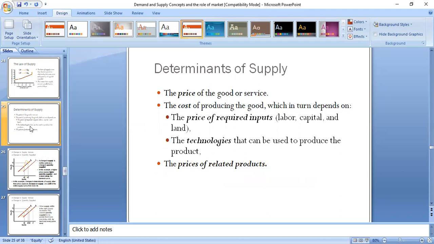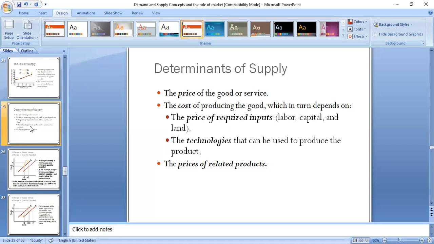The second determinant or factor that affects supply is the cost of producing the good. Of course, here we are looking at the cost in terms of, for example, inputs used, the factors of production that go into the production process, like labor, capital, land, right?